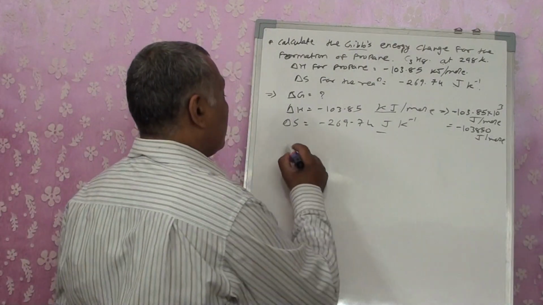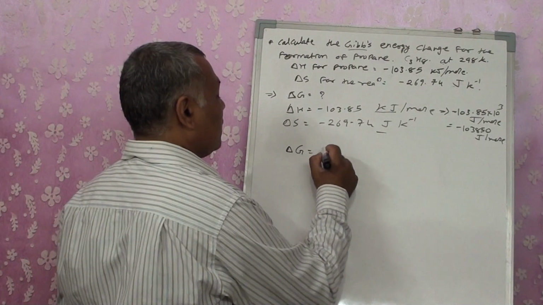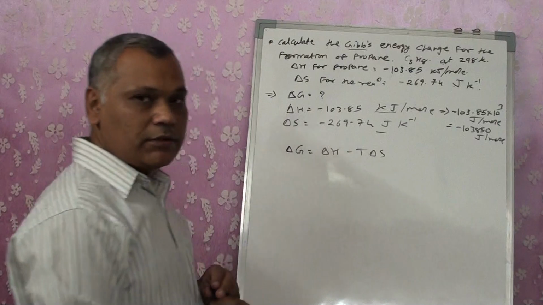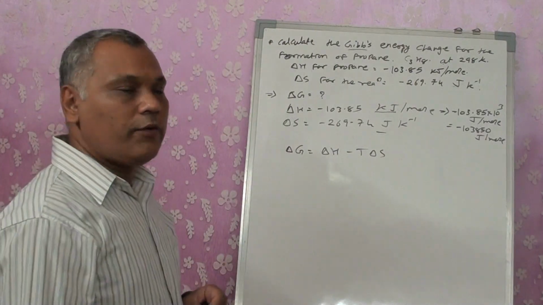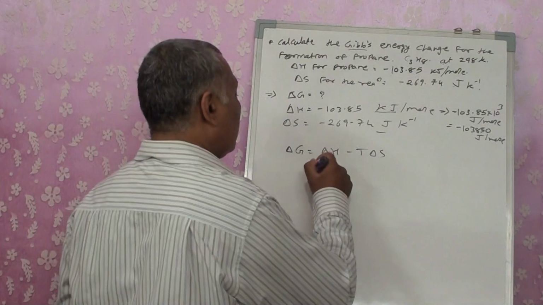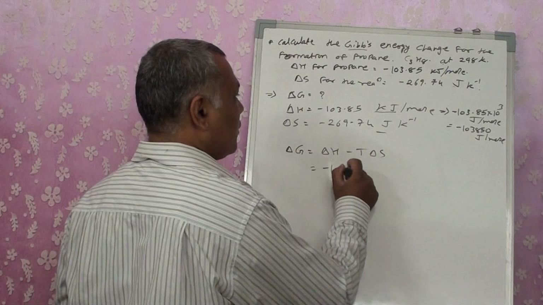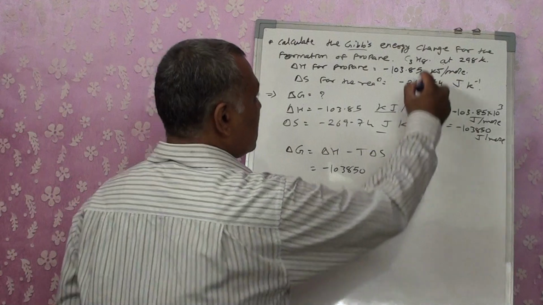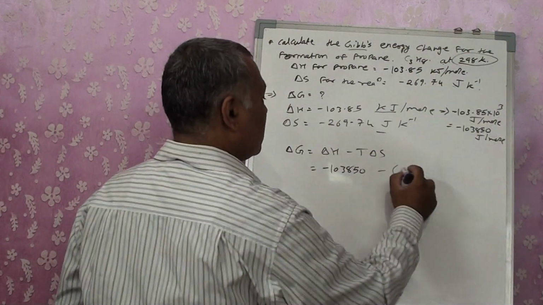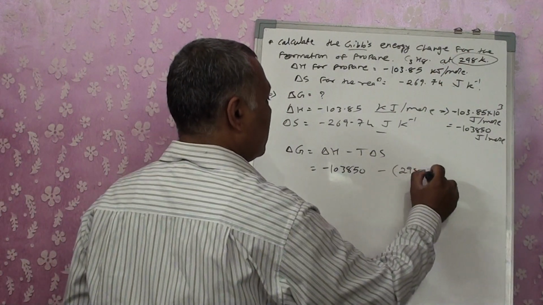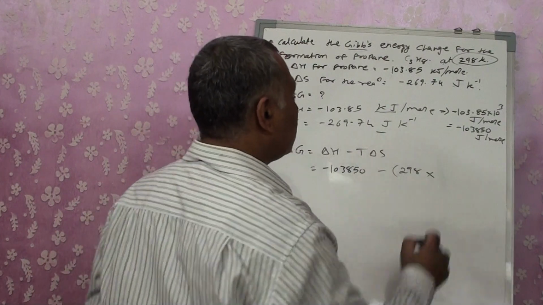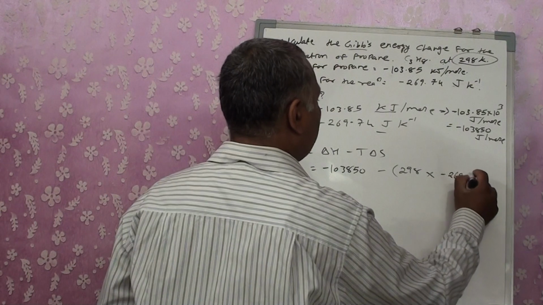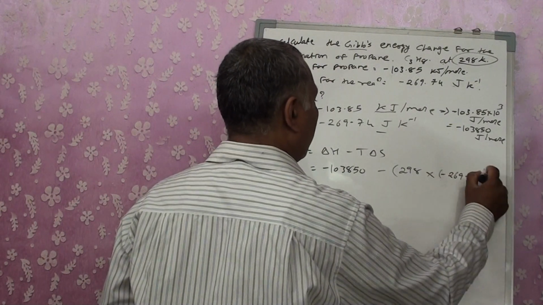Right? What is the formula that we will be using? Delta G is equal to delta H minus T delta S. This is the formula that we have. Now delta H we got as minus 103,850 minus T, that is 298, delta S that is given to us as minus 269.74.